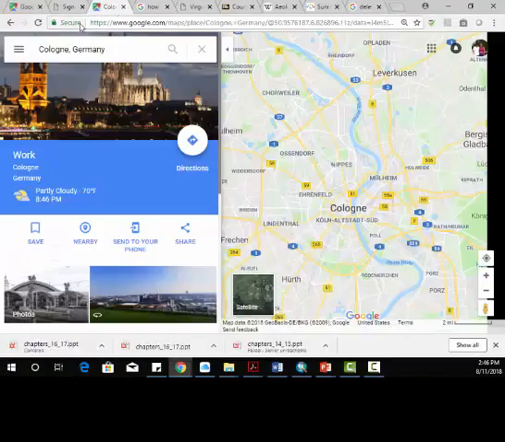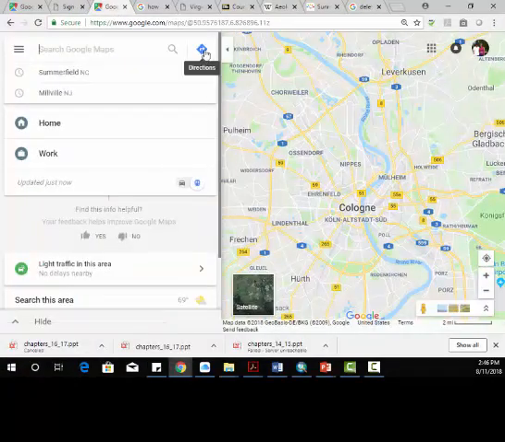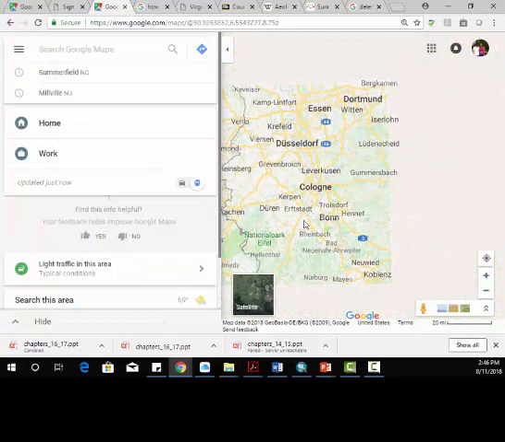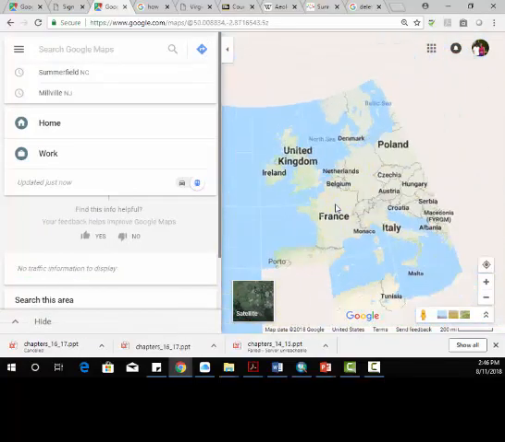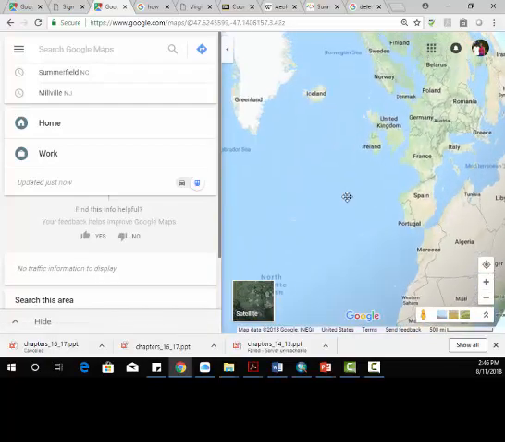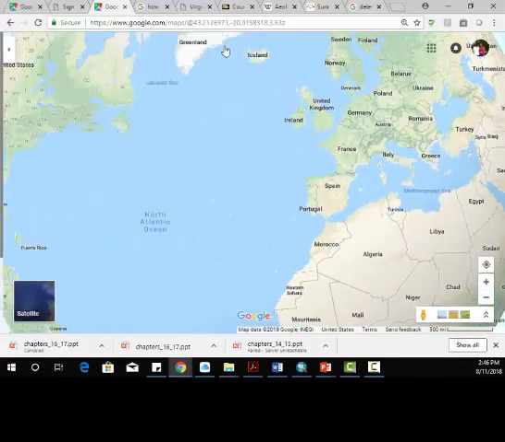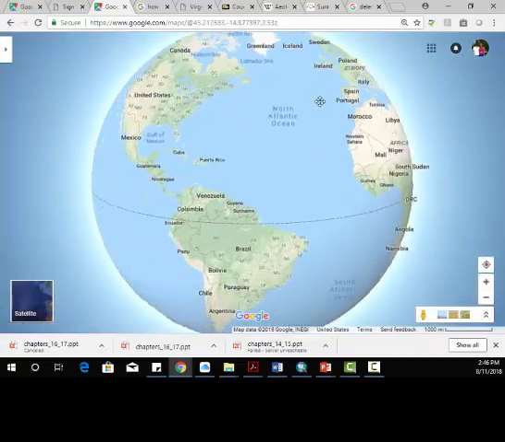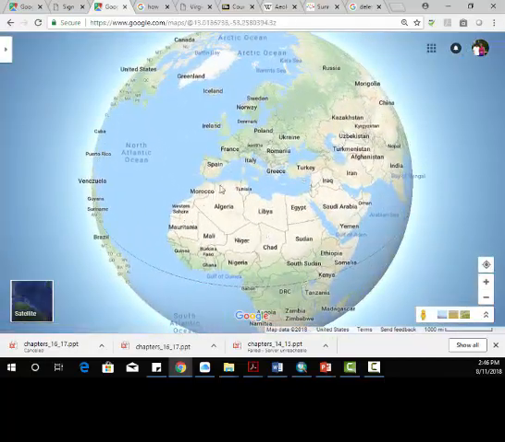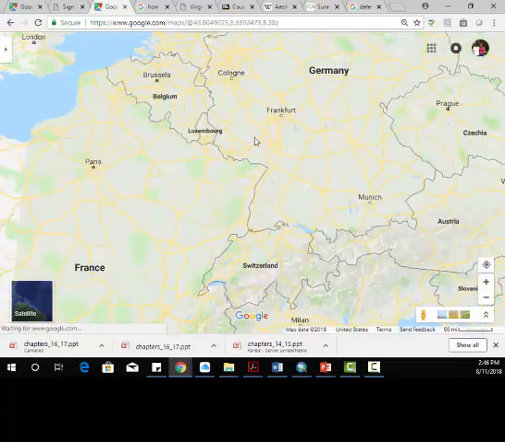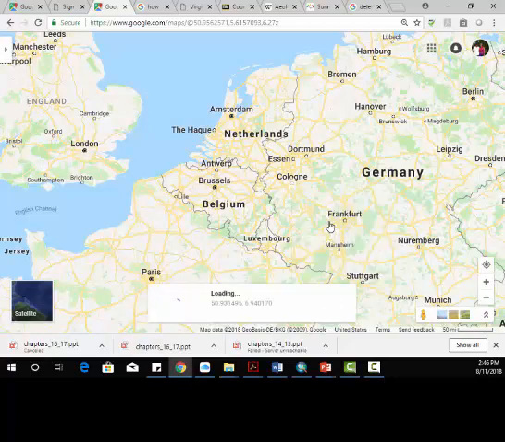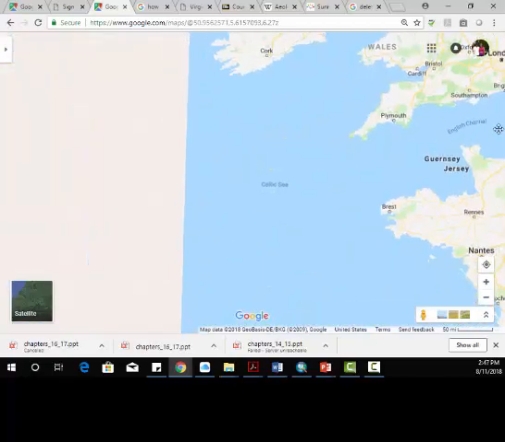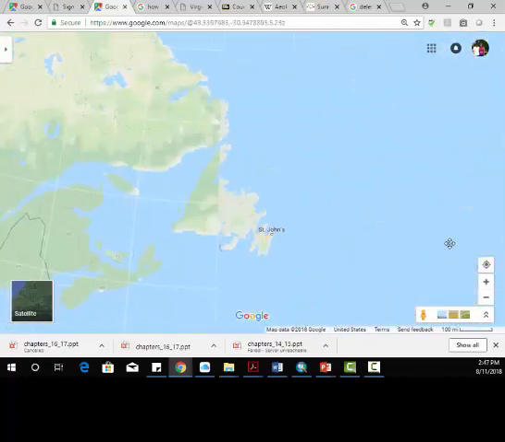So if I zoom out here, you can see where these are relative. You can zoom into Cologne right here. This is in Google Earth. I can right mouse click. What's here? We're at about 50 degrees north latitude.